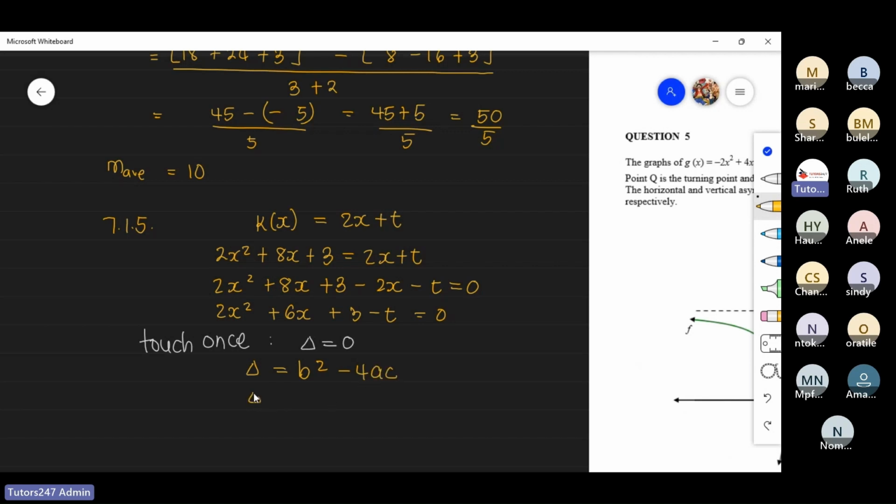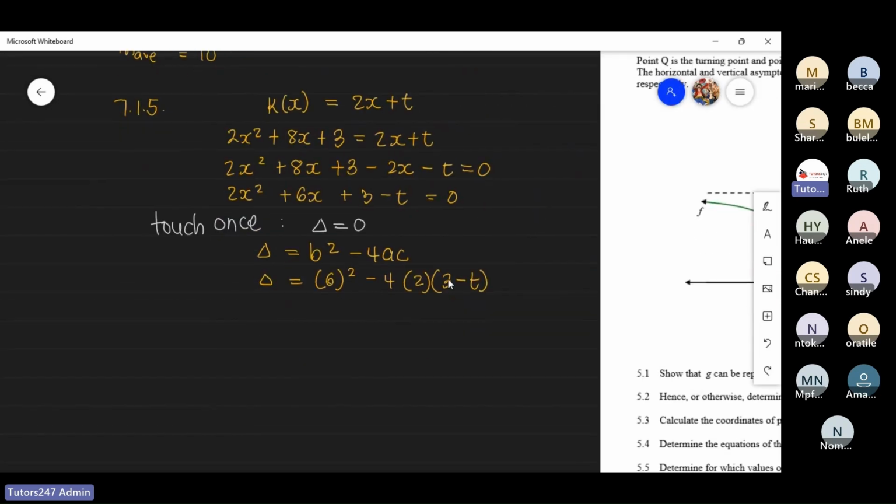Let us substitute. B is 6, A is 2, and C, as we mentioned previously, is 3 minus t. So all we now need to do is simplify this, find our discriminant, equate it to 0, and then we can solve for t.